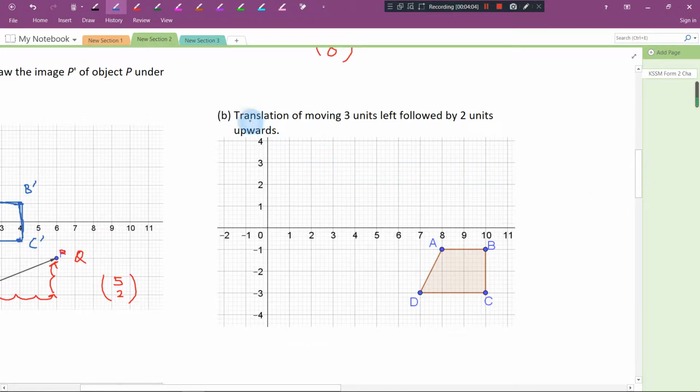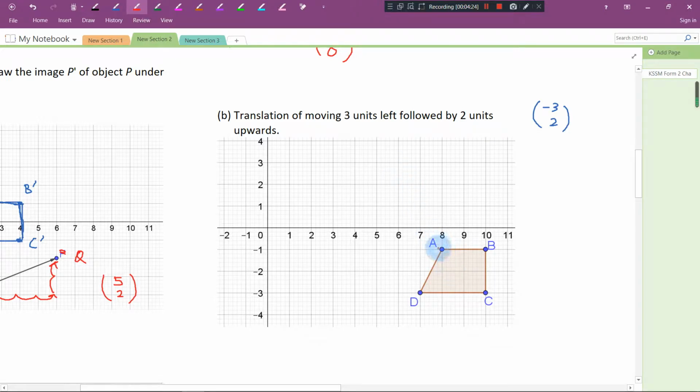This is how we describe a translation using words. The translation is moving 3 units left, followed by 2 units upward. So this is actually (-3, 2).